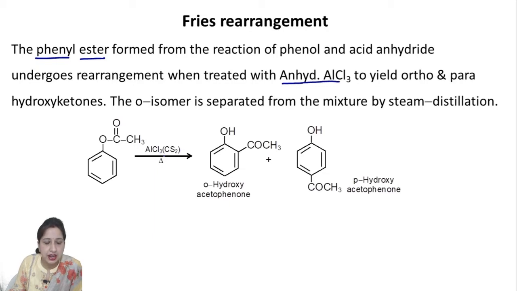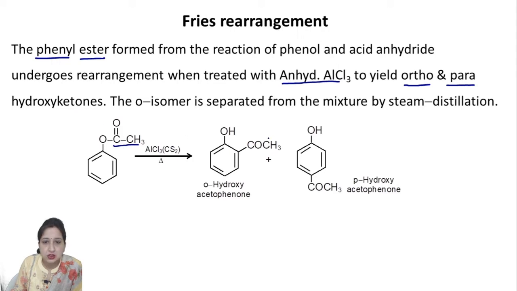Okay, anhydrous aluminium chloride, then this acyl group, means COCH3 group, shifts to ortho or para position, means it undergoes rearrangement to yield ortho and para hydroxy ketones.